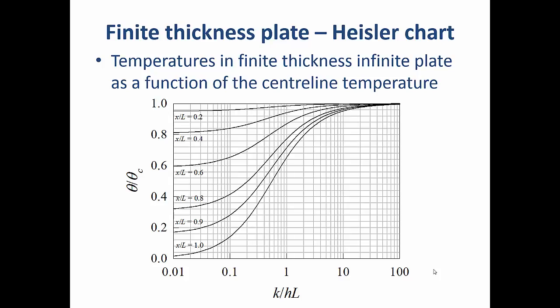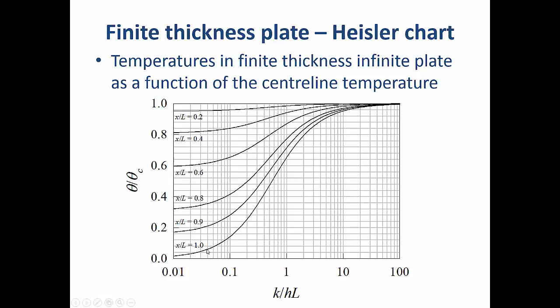And this graph summarises the temperatures at different depths in terms of the centerline temperature. So the y-axis is the temperature at a given depth divided by the centerline temperature theta c, versus K over HL, and each of the lines corresponds to a different depth.